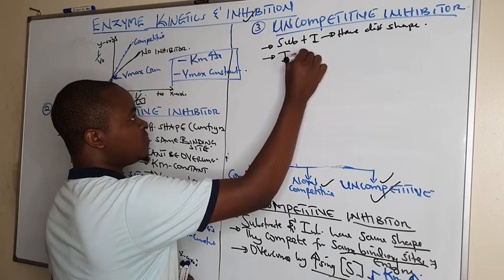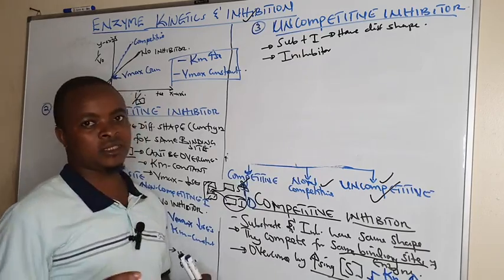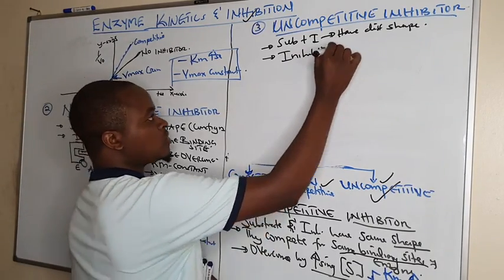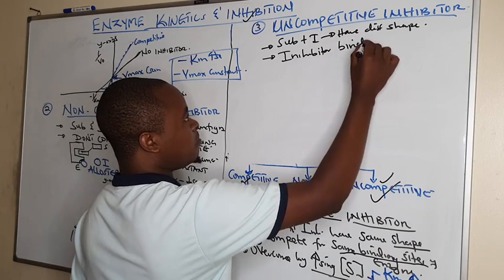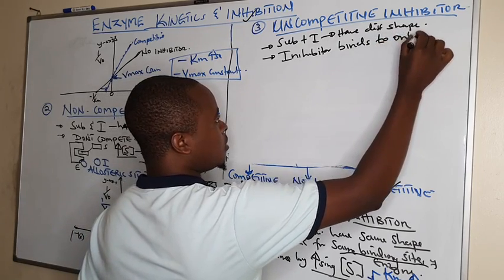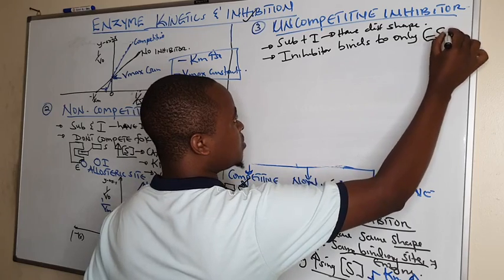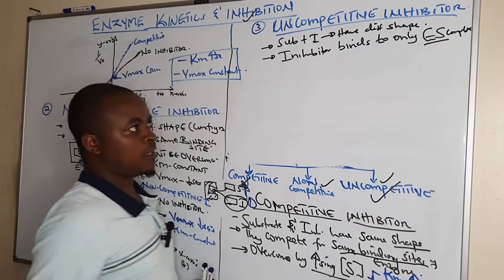The uncompetitive inhibitor does not bind to the enzyme, but only binds to an enzyme substrate complex. So the inhibitor binds to only the enzyme substrate complex, not the enzyme.